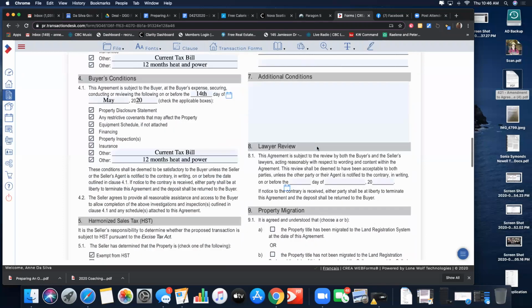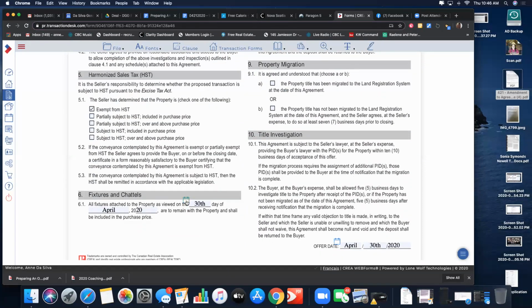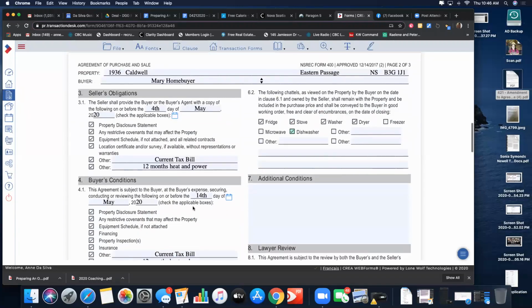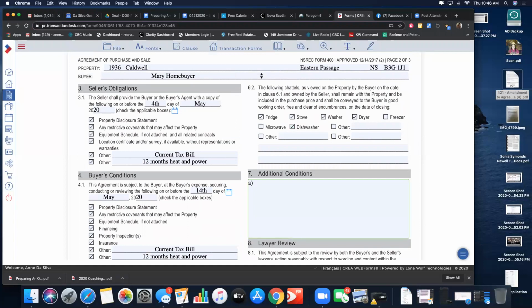What you would do then is keep the clause, strike out the date portion of this clause, and under 7, additional provisions, I would put re 6.1, the fixtures and chattels are to be as advertised on the MLS view or whatever, as of April.